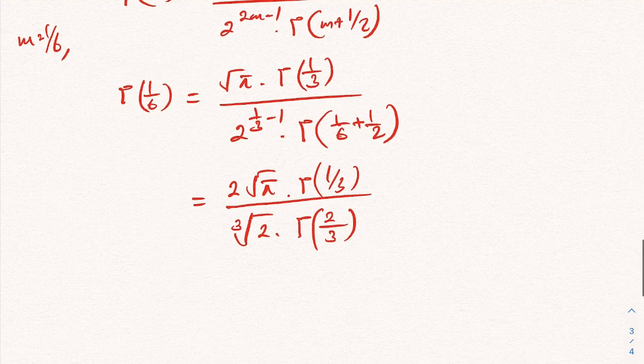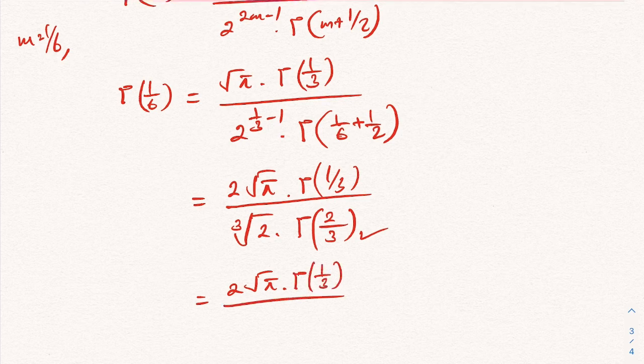Well, now we know the gamma of 2 over 3. We find the value of gamma of 2 over 3 by using Euler's reflection formula. So we can plug in here 2 times the square root of pi gamma of 1 over 3 over cube root of 2 times.